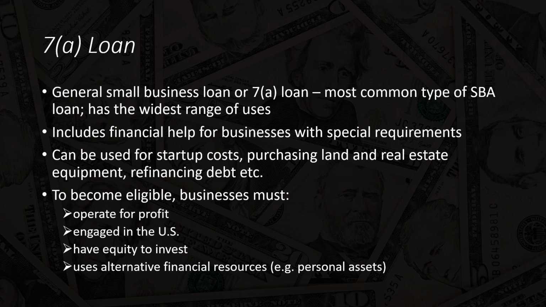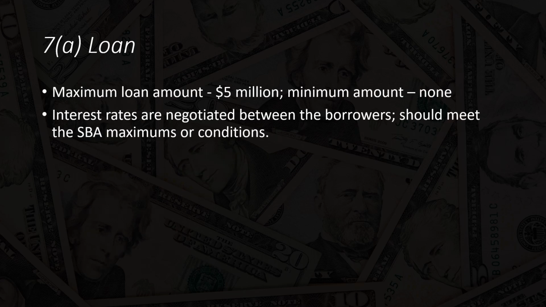To become eligible, businesses must operate for profit, engaged in the U.S., have reasonable owner equity to invest, and use alternative financial resources such as personal assets. $5 million is the maximum loan amount with no minimum amount. Interest rates are negotiated between the borrowers and the lender, but should meet the SBA maximums or conditions.